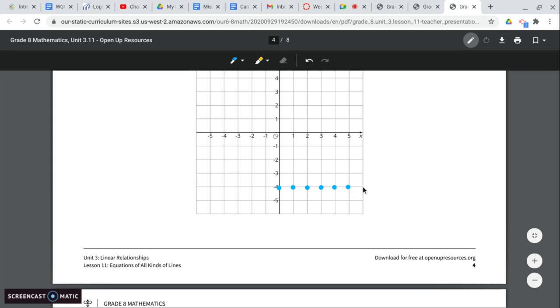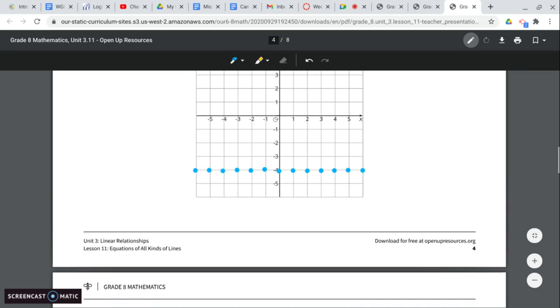A point with a y-coordinate of -4 would lie on this line down here through -4. So what we should notice is all these points lie on a horizontal line.